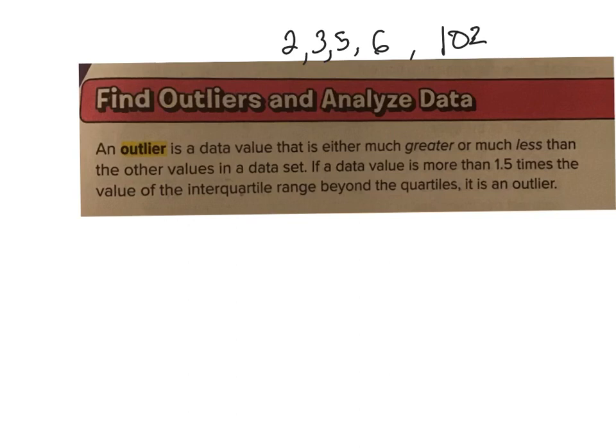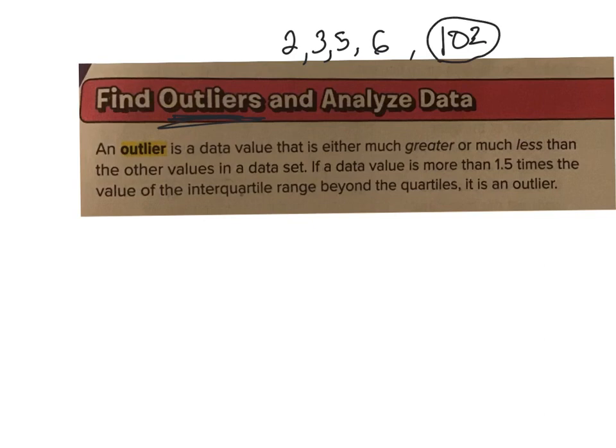An outlier is something that seems odd. It's much greater or much less than what you would think in the set of data. So this 102 seems really strange.